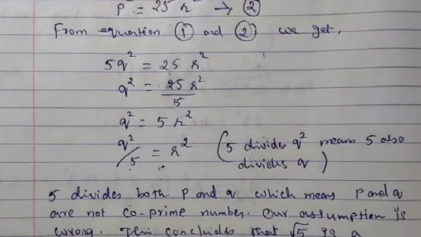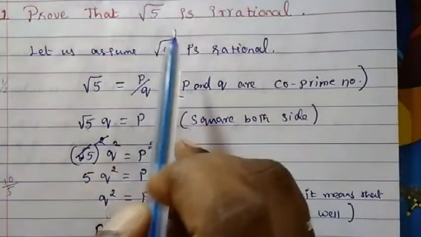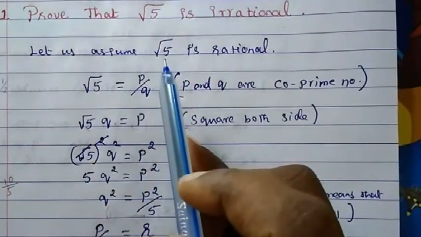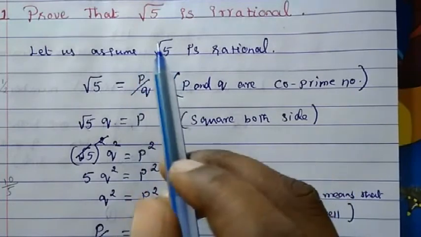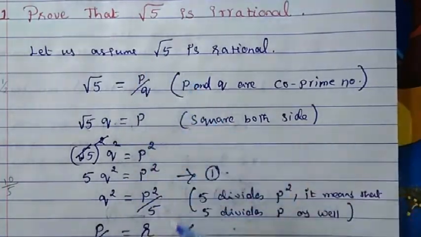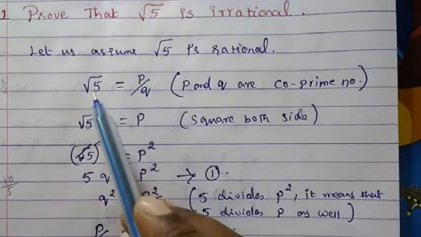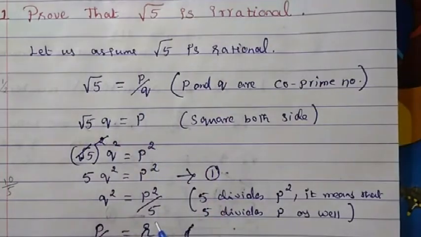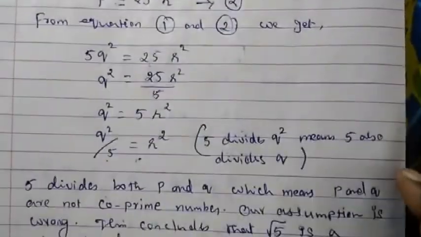Exactly like theorem 1.4, only in the place of root 5, it can be root 2, it can be root 3, root 7, any single number. When they give you a question like this and ask you to prove it, the steps are the same. So instead of root 5, you have to put root 3 or root 2 or root 7, but the steps are the same and your conclusion also will be the same.